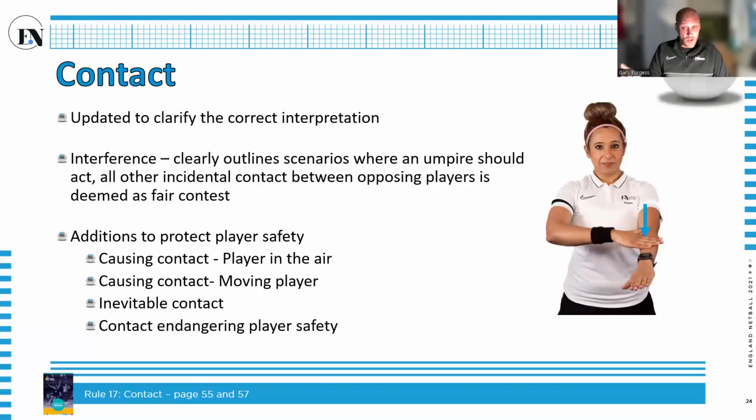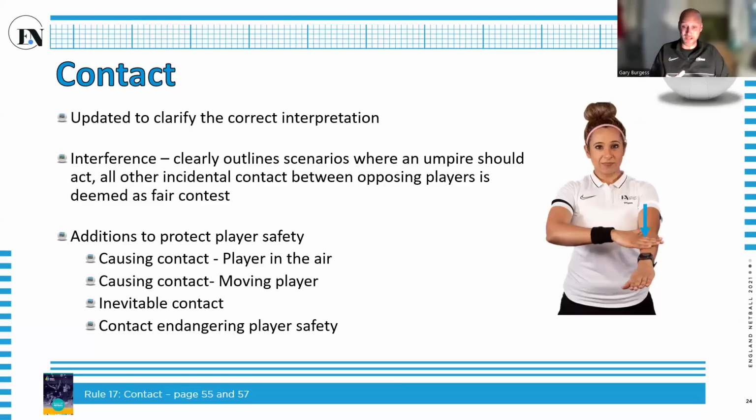There are also concerns that umpires were not acting when player safety was compromised and that dangerous play was not being taken seriously enough. So now, interference clearly outlines scenarios where an umpire should act, with all other incidental contact between opposing players deemed as fair contest.